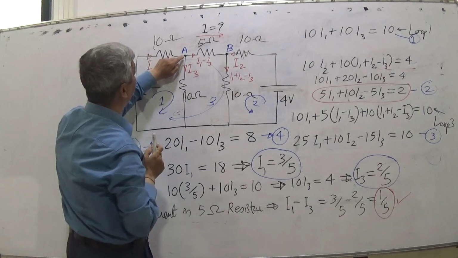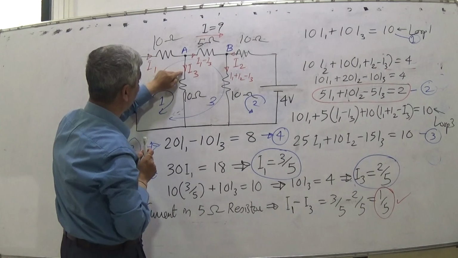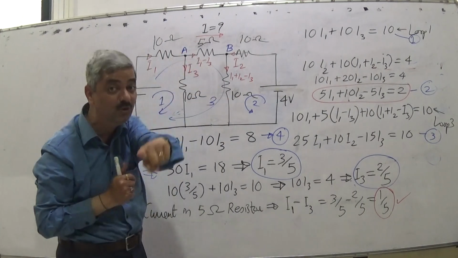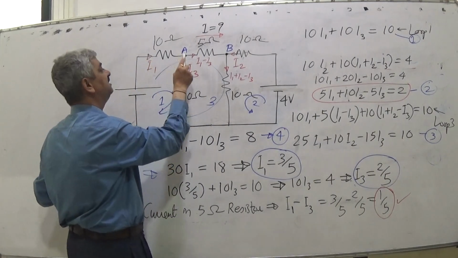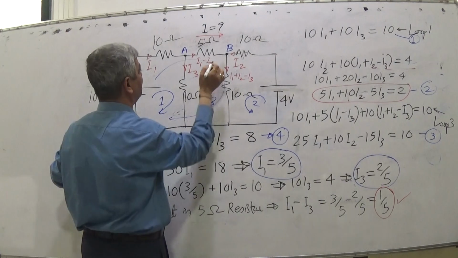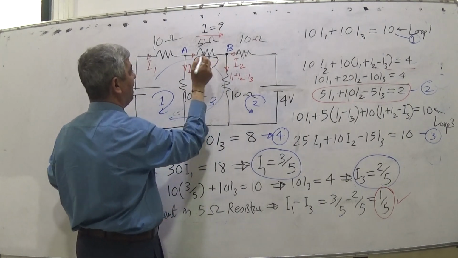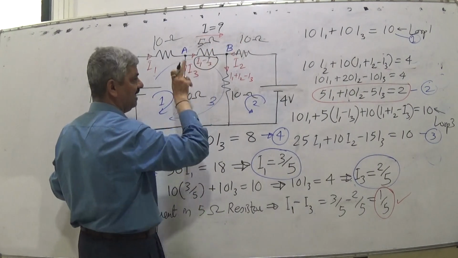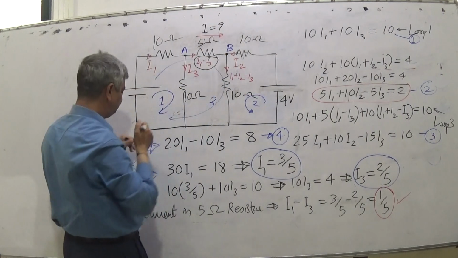Now if I focus at node A, this I have assumed. There is no need for me to assume this. I can compute this using KCL. So this is I1, this is I3, therefore this is I1 minus I3, and that is my final answer. I need to compute I1, I need to compute I3, and when I compute them, I1 minus I3 is my final answer I.